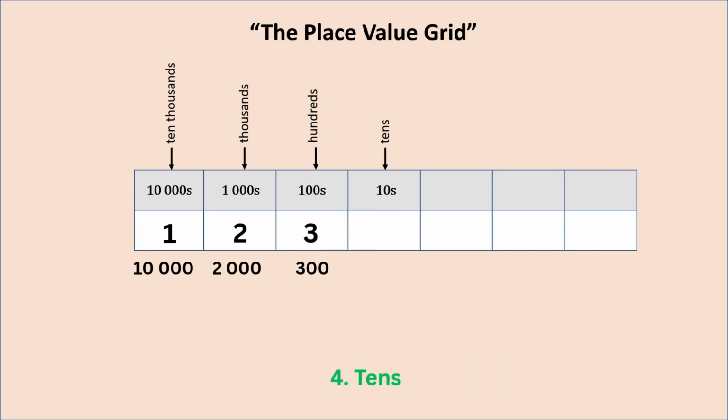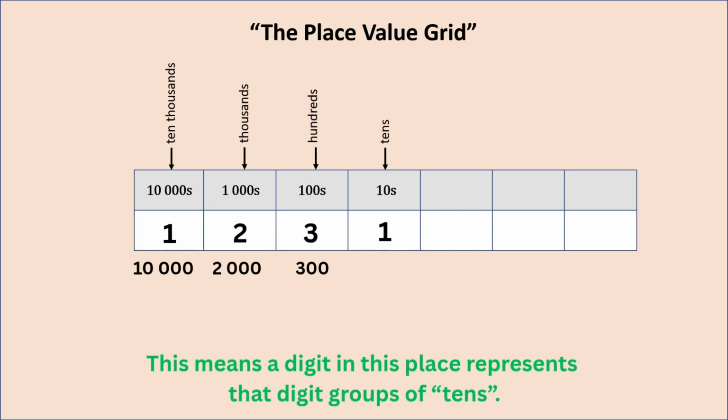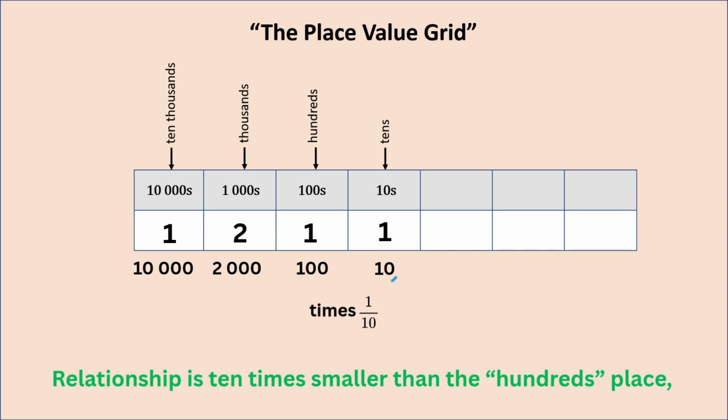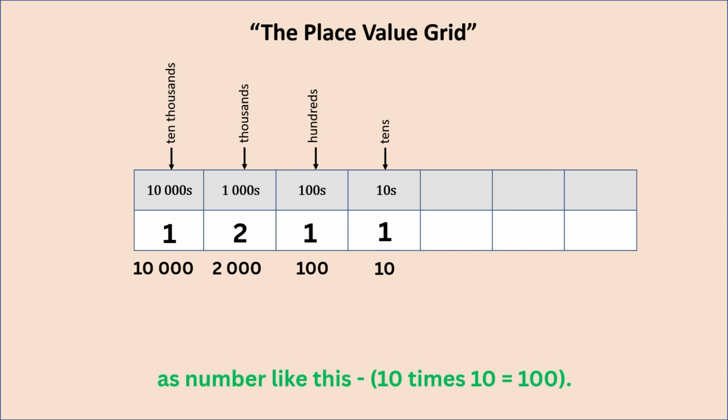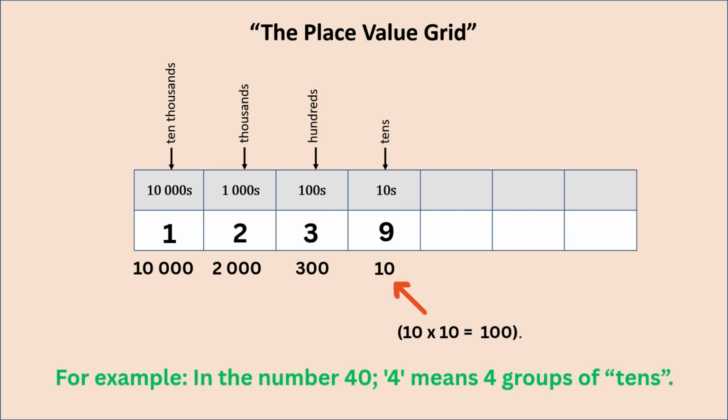Four, tens. This means a digit in this place represents that many groups of tens. The relationship is that it is 10 times smaller than the hundreds place. As a number sentence, 10 times 10 equals 100. For example, in the number 44, 4 means four groups of tens.